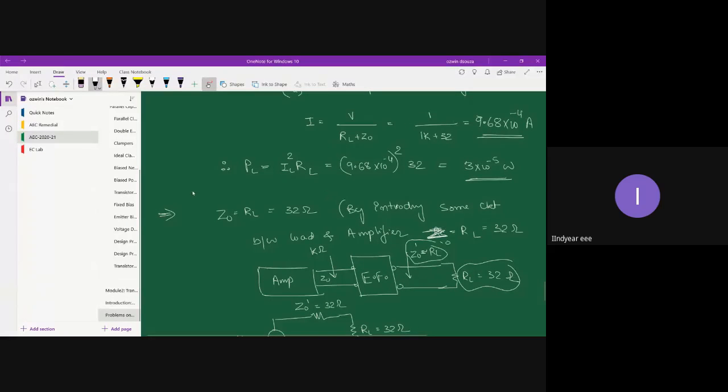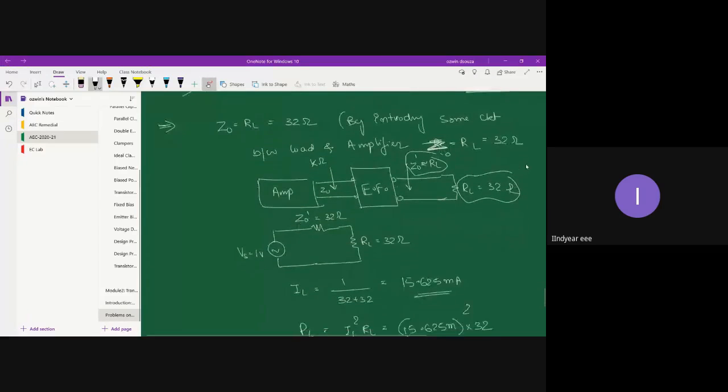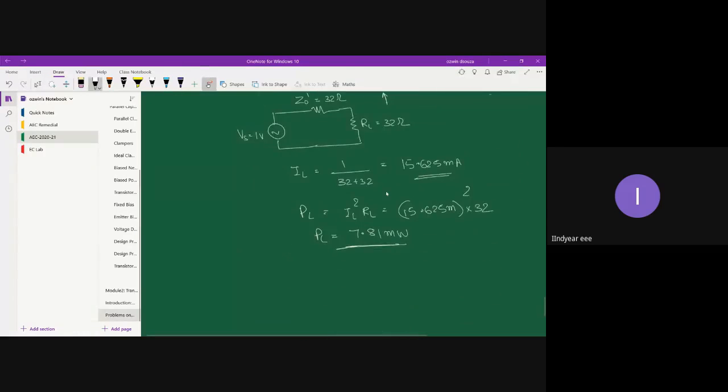You can see clearly that power delivery during the impedance mismatch case is just 3 into 10 to the power minus 5 watts. On the other hand, with the insertion of an impedance matching device such as an emitter follower circuit, the maximum power delivery to the load has increased to 7.81 milliwatts.